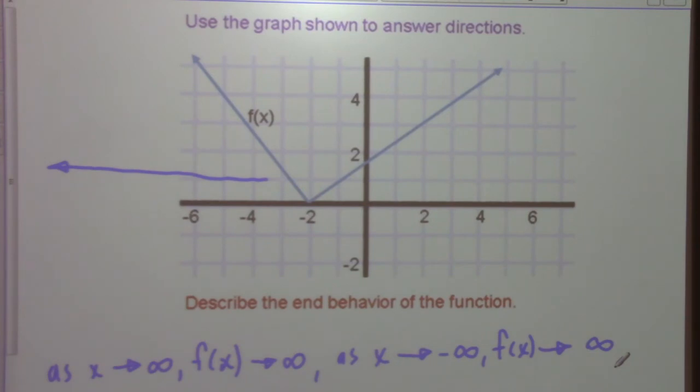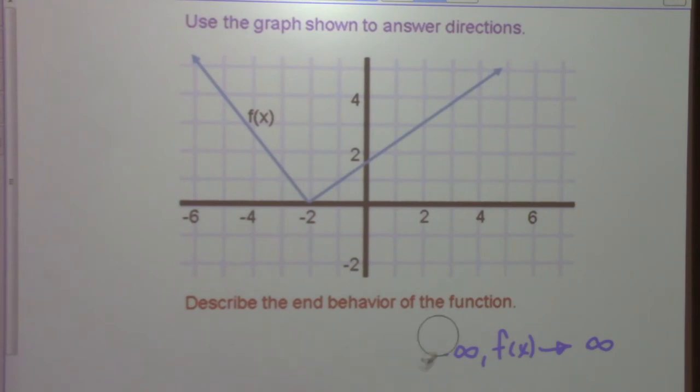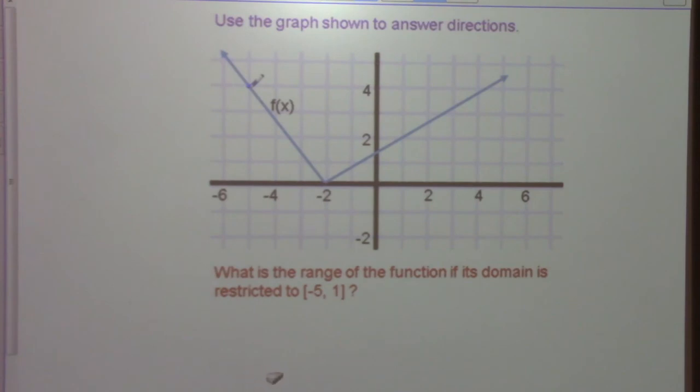Okay. Next one. Now, what is the range of the function if its domain is restricted to -5 to 1 here? So just look at that and think about that for a minute. You might want to make notes on the graph while you do that.